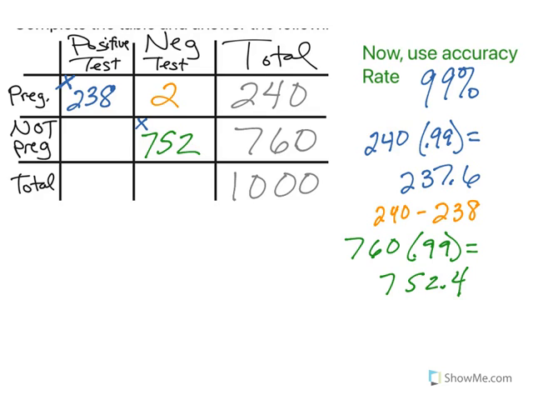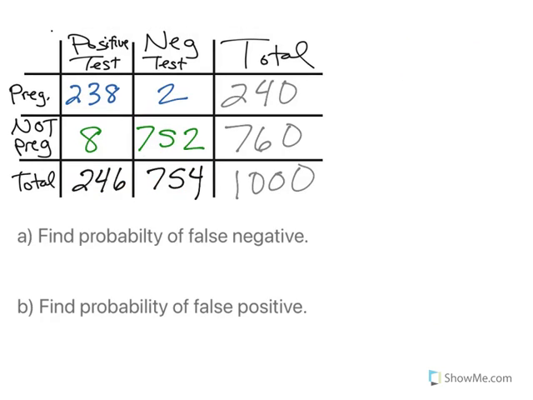So once again, if I have 760 non-pregnant people and 752 of them test negative, that means 8 are testing positive. So let's add 238 plus 8 gives me 246 positive tests. And then when I add, I get 754 negative tests. All right, so I finished my table, and now we can find probabilities.